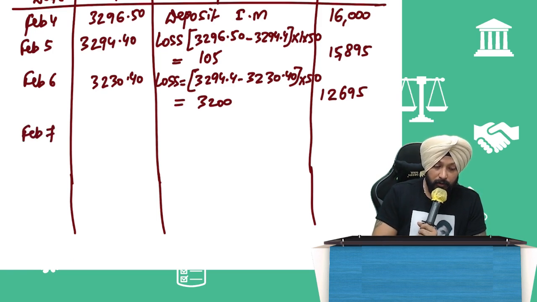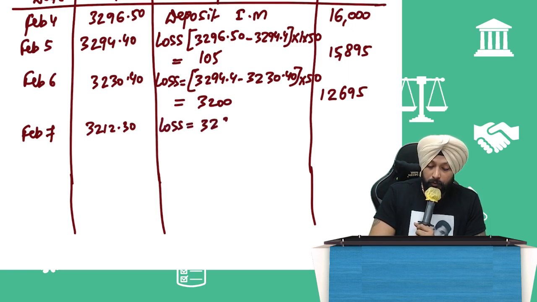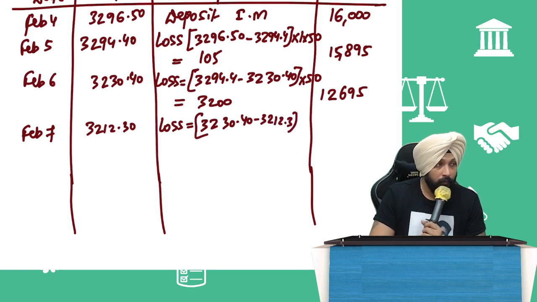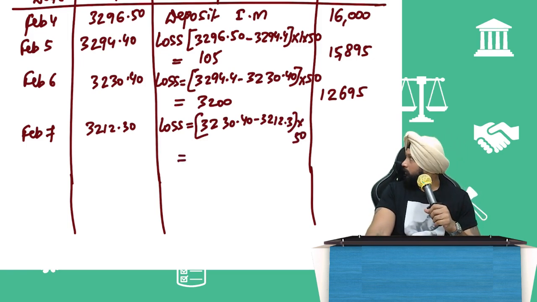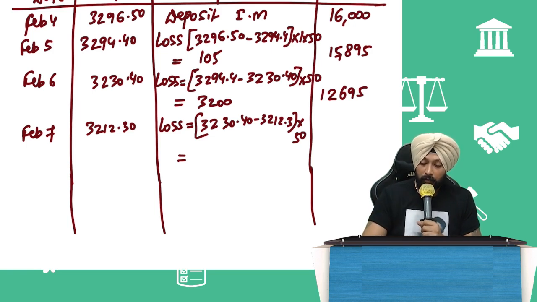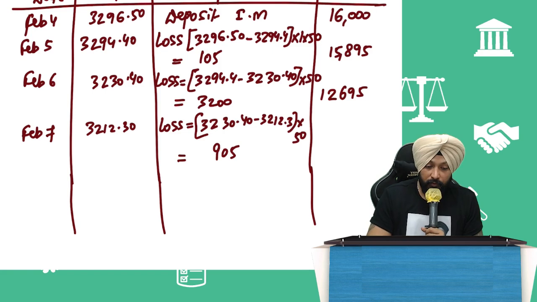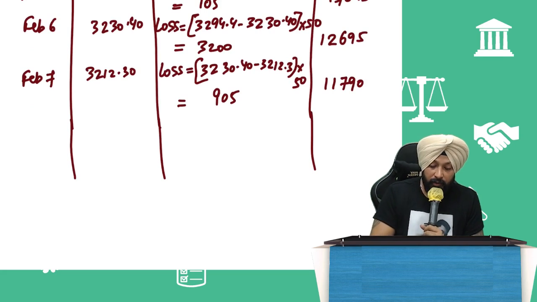Next is February 7, 3212.30. 3230.40 minus 3212.30 into 50. 905. 11,790.